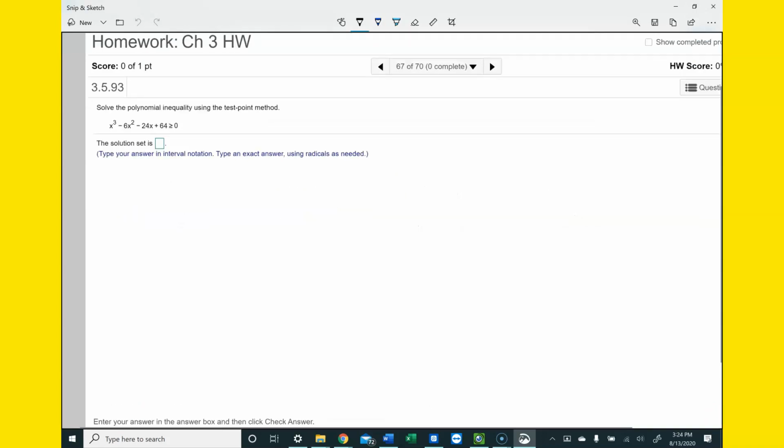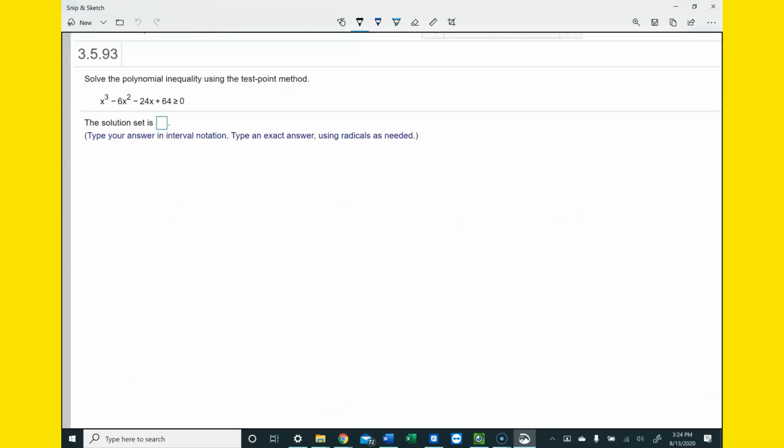Alright, now we're looking at polynomial inequalities. Okay, so here's how we can do that. We can solve this. I want to find the zeros, and we can do that in the app or with the graph or perhaps by hand. I'm going to go ahead and solve this in the app.